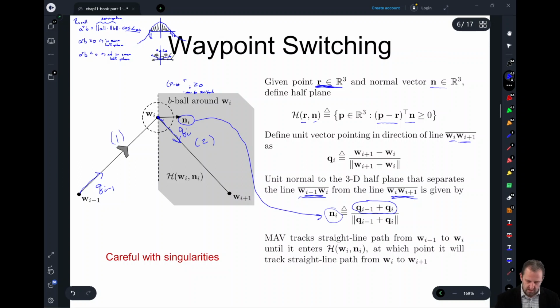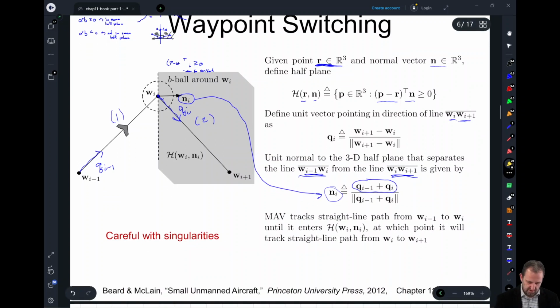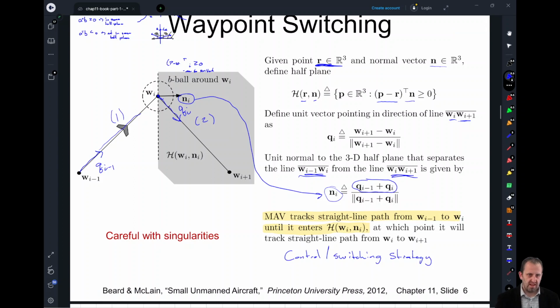Okay. Now the most important thing here is that the MAV tracks straight line paths until it enters the half plane. So that's our control strategy. We're going to track line 1 until we enter the half plane, and then we'll track line 2.